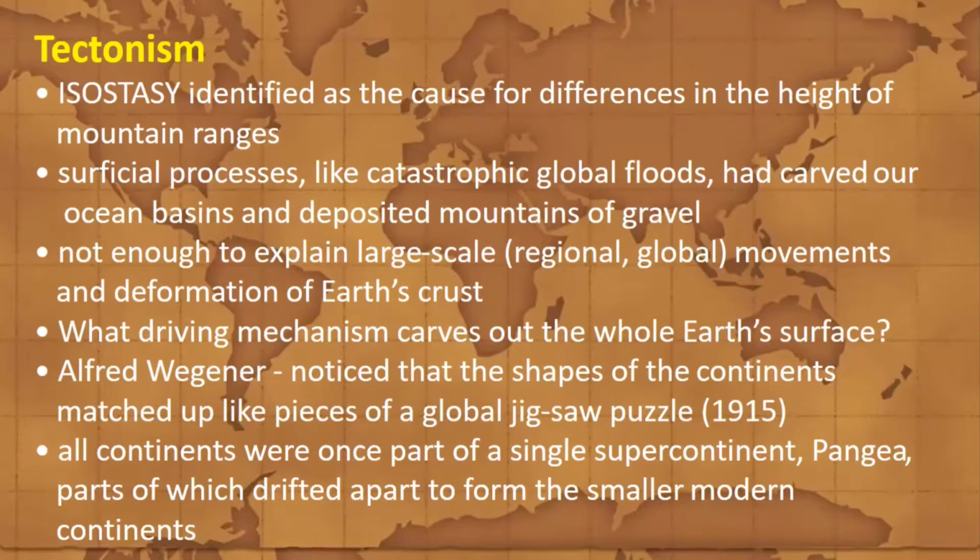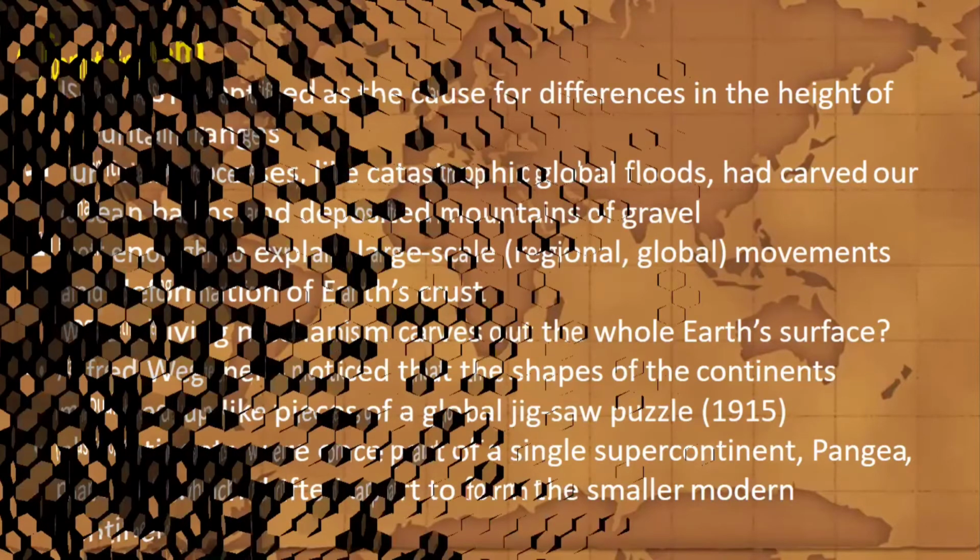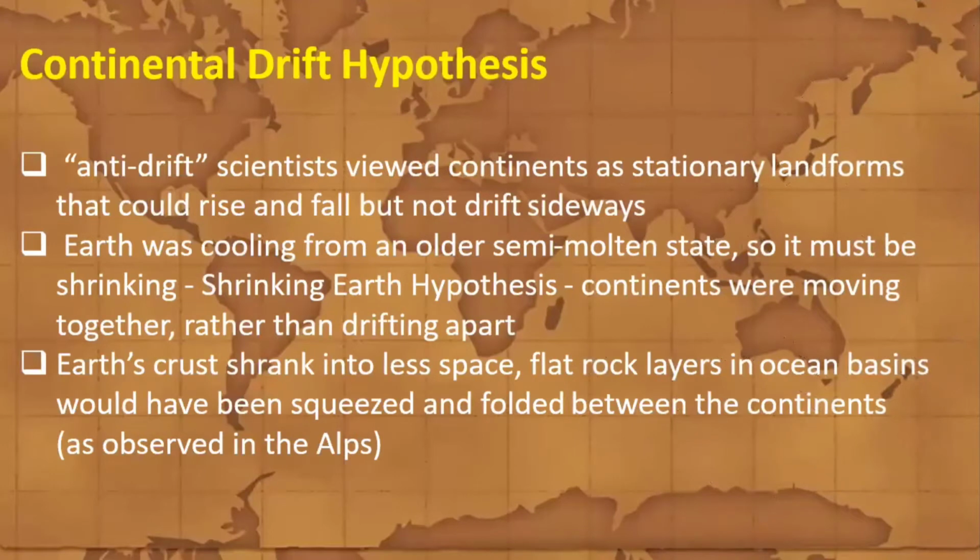According to him, all continents were once part of a single supercontinent, which he called Pangaea, and then parts of it drifted apart to form the smaller modern continents. Therefore, there was a theory, the continental drift theory.